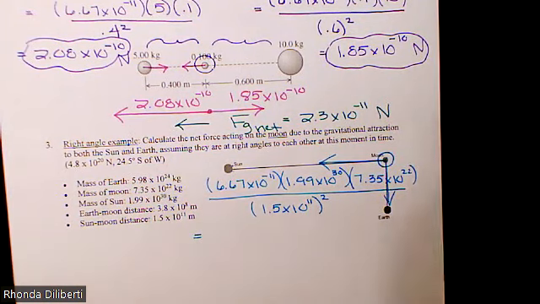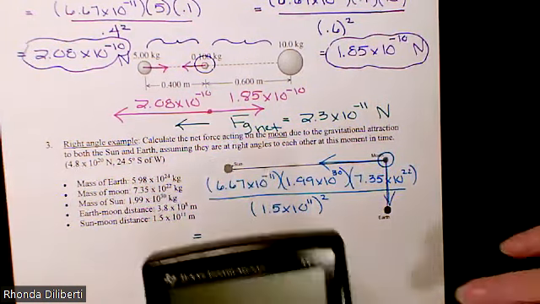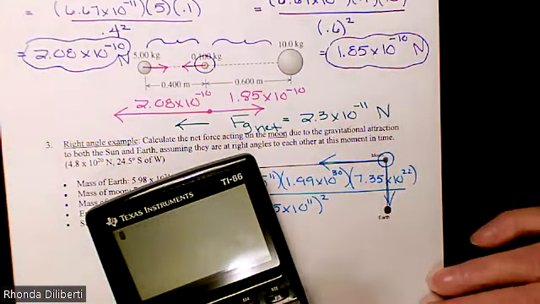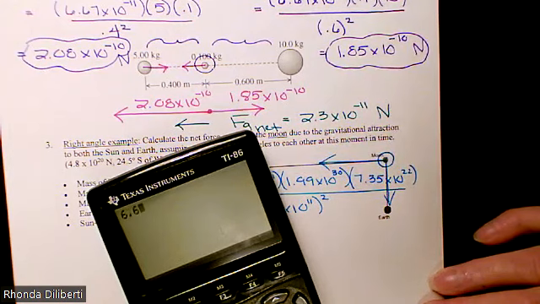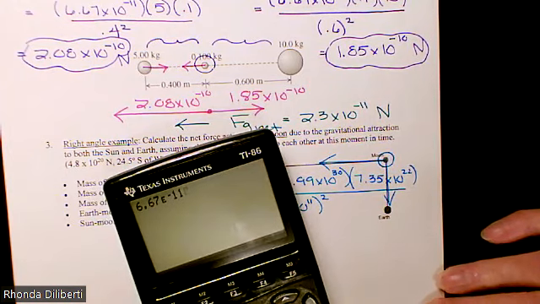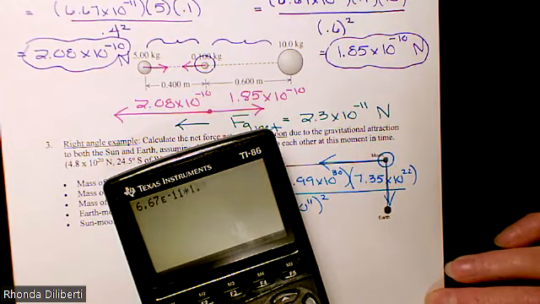All right, let's figure out what that equals. Let's see if that shows. I think it does. All right, so we got 6.67 to the negative 11 times 1.99 e to the 30th times 7.35 to the 22nd.